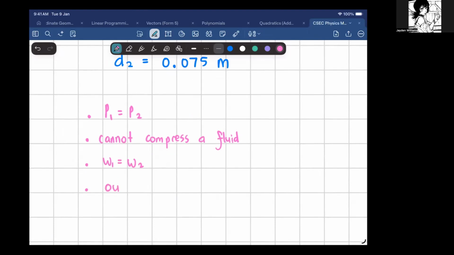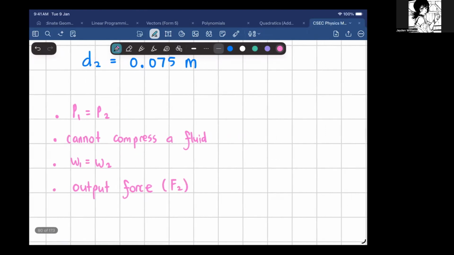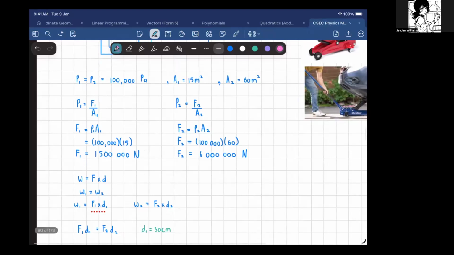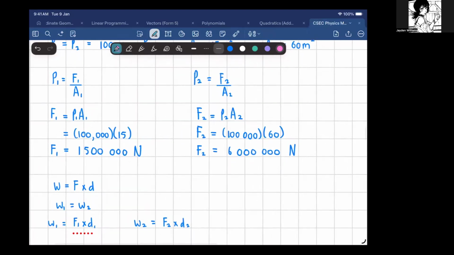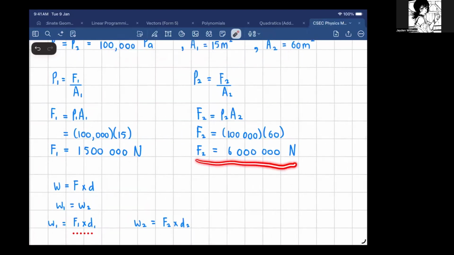Jadon, I would say that the output force is what? The output force is lesser. No. How is this not lesser? Isn't the output force referring to the... okay, greater. Right, the output.